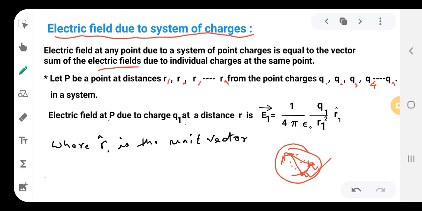So the electric field at P due to Q1 at distance R1, from P to Q1, is E1 equal to 1 by 4 pi epsilon naught Q1 by R1 square R1 cap, where R1 cap is the unit vector.